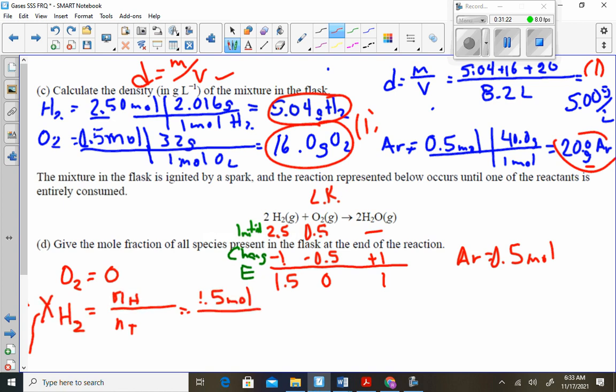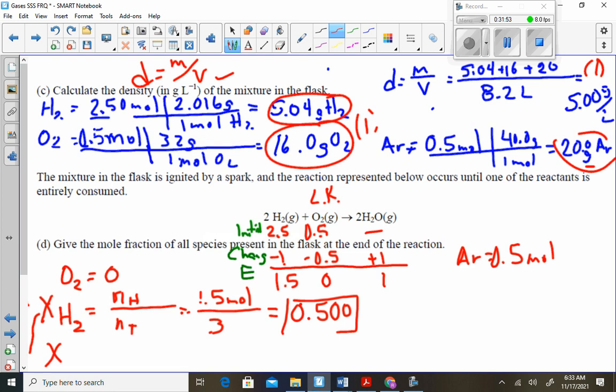Our total moles, if we add up the hydrogen, the water, and the argon, we have a total of 3 moles. And so for our hydrogen, we have a mole fraction of 0.5. Now, if we look at sig figs from our starting information, we should have 3 sig figs there. And so this is our mole fraction for hydrogen.